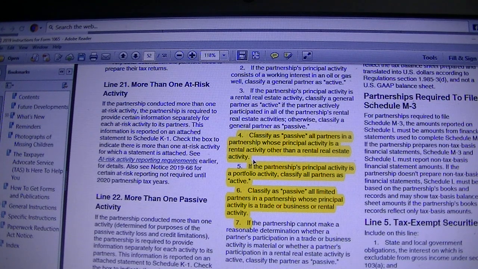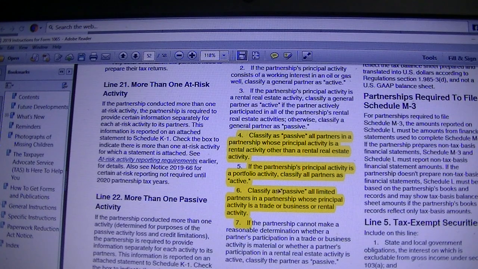So the last section is important too. If the partnership's principal activity is a rental real estate activity, classify a general partner as active if the partner actively participates in all of the partnership's rental real estate activity, otherwise classify a general partner as passive. But what about limited partners? They didn't say anything about that though.